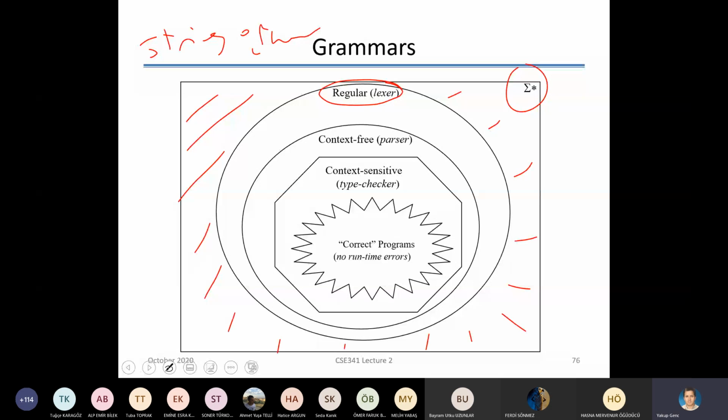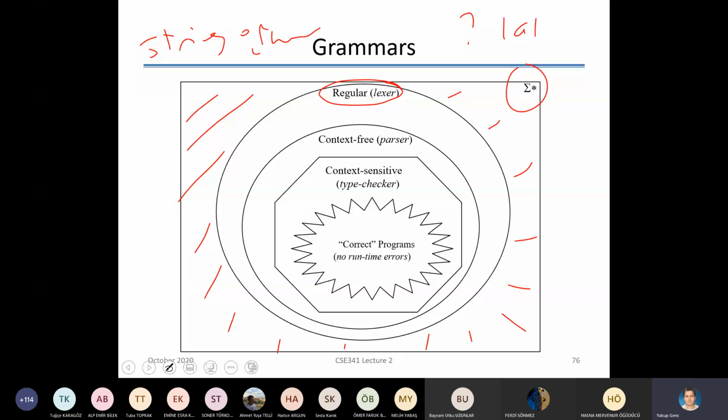For example, if I don't want a question mark in my symbols, then you are getting rid of a lot of things. Or for example, 1A1 is not an identifier. Therefore, any program instance that has this 1A1 will be rejected. So you reject a big portion of this space with a regular grammar or a lexer.